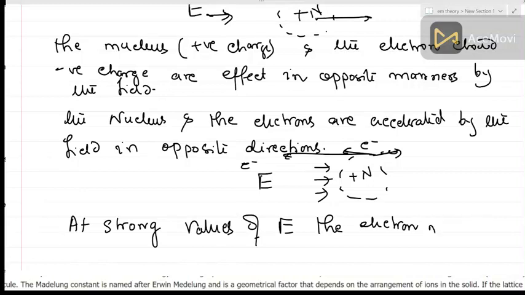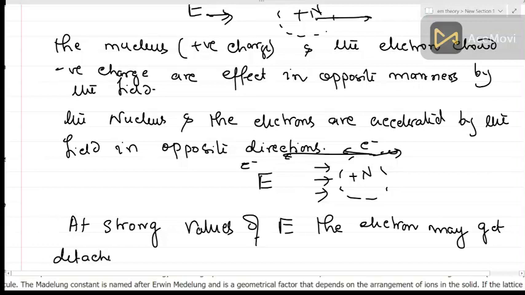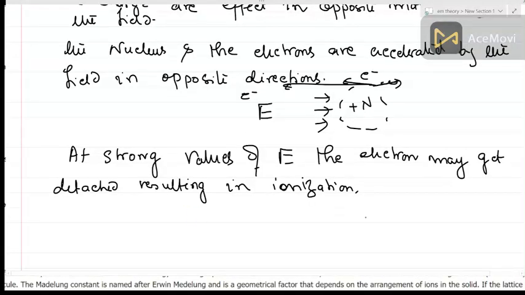At strong values of electric field, the electron, because the nucleus is quite massive, may get detached, resulting in ionization of the atom. The neutral atom is no longer neutral.